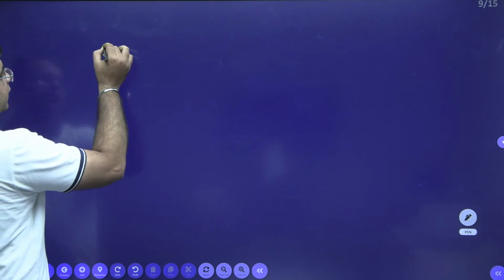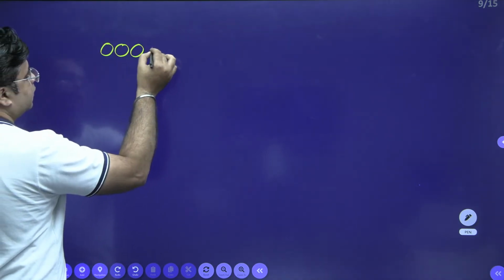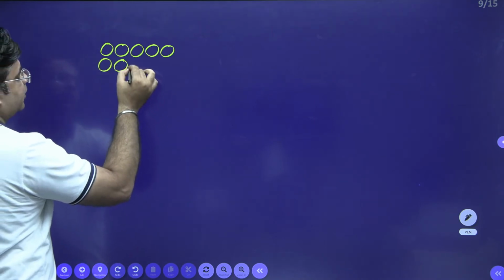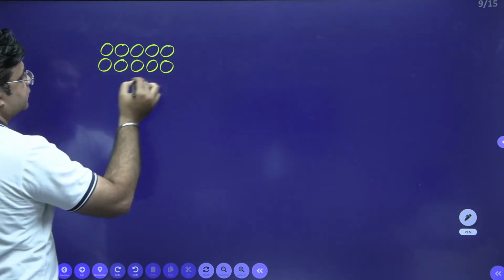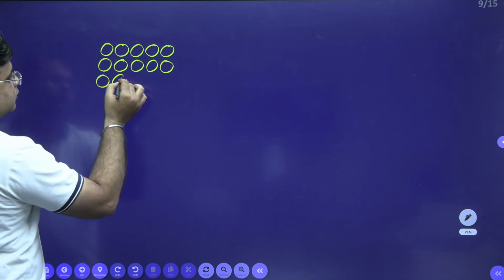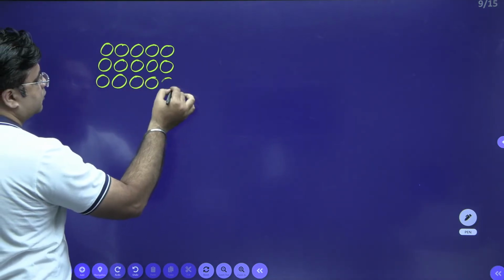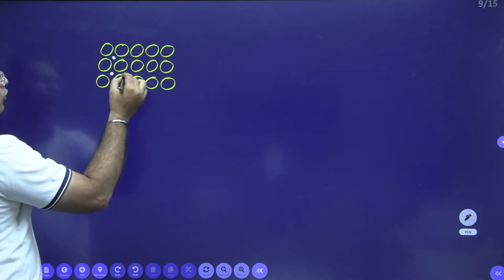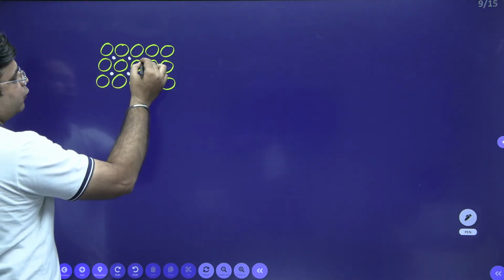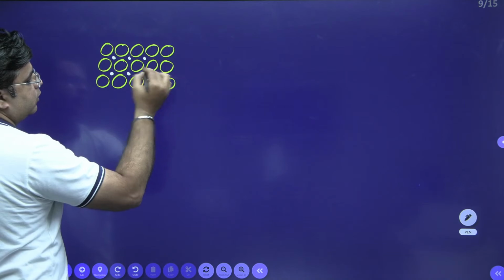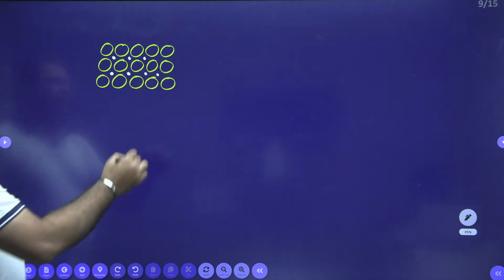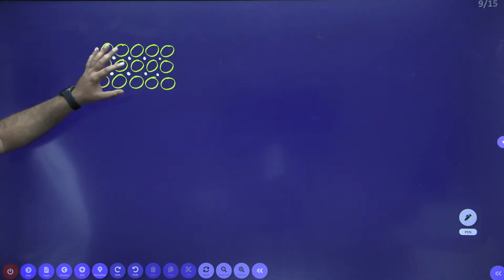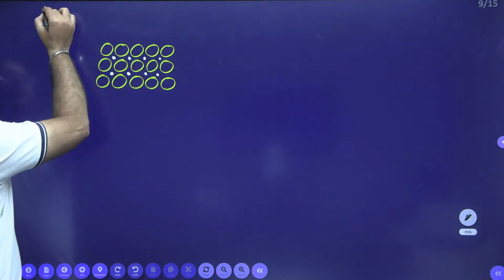Initially this is my filter bed. This filter bed contains impurities and these impurities penetrate to the full depth of the filter medium, and this is the picture for rapid sand filters.